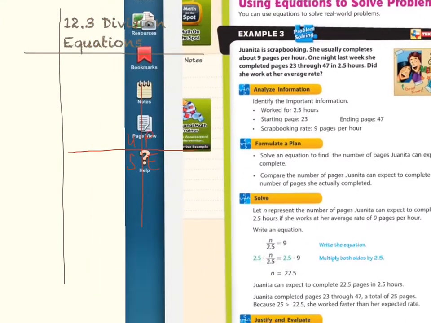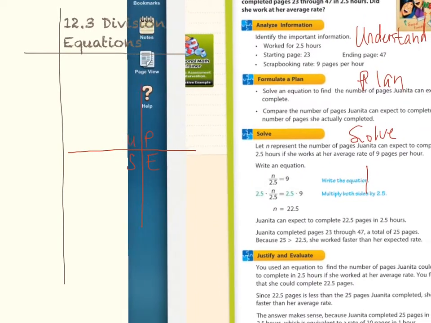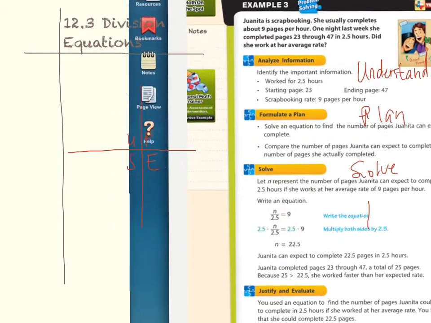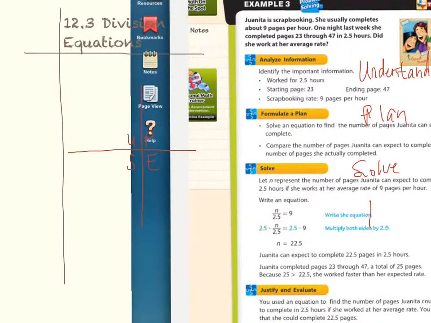Okay, analyze the information is the same thing as understand the problem. Formulate a plan is plan. Solve is solve in the UPSI model. And then the last one is justify and evaluate, which is evaluate in the UPSI model.